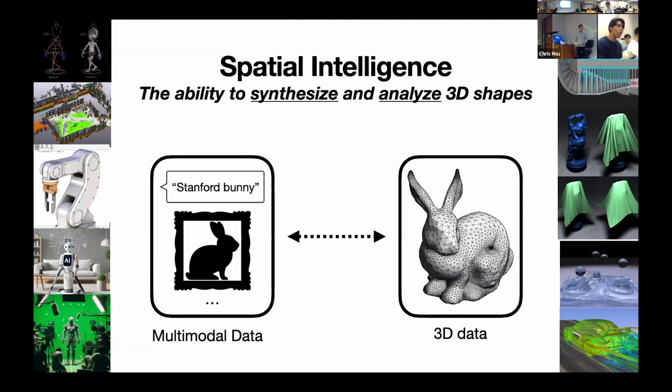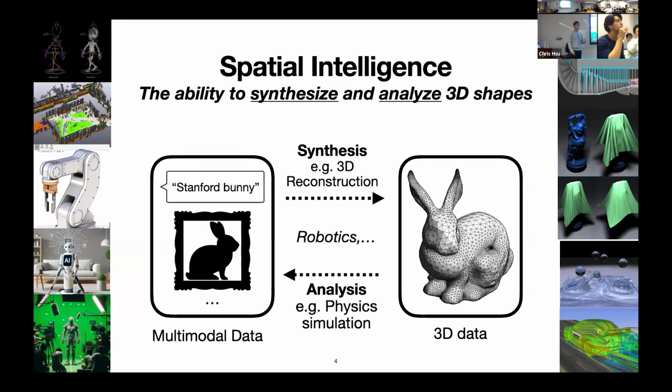So it's fair to say that at the center of these applications is the ability that we call spatial intelligence. For me, spatial intelligence is the ability to synthesize and analyze 3D shapes, especially connecting 3D with other modalities. Let me give you an example. 3D reconstruction can be thought of as connecting images to 3D.